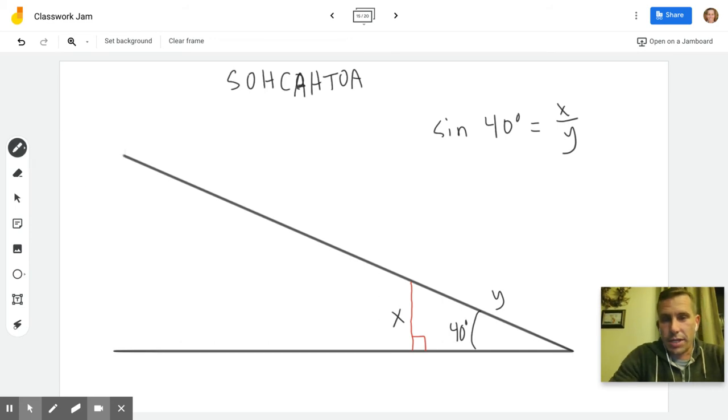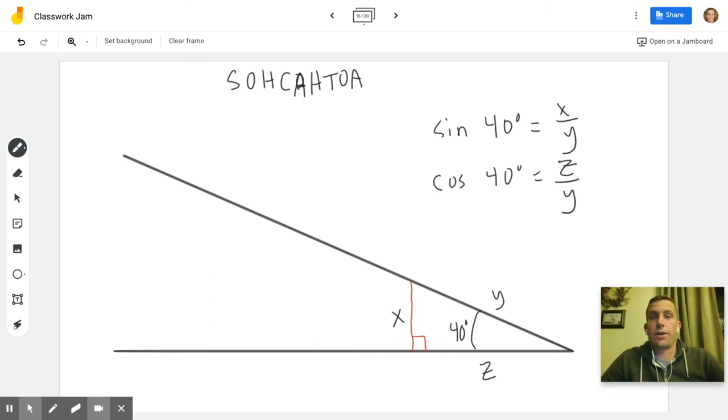So this is where cosine comes in. The cosine of 40 degrees is always going to be equal to, we'll call the side z over y. And that ratio, z over y, or the number that you get if you take z and divide it by y, will always be the same for an angle of 40 degrees, no matter what.